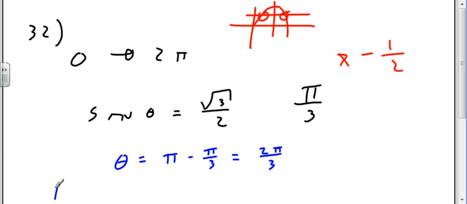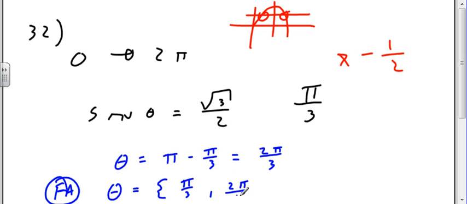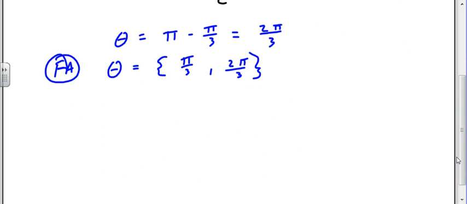So final answer, theta equals solution set pi over 3, comma, 2 pi over 3. All right, good enough?